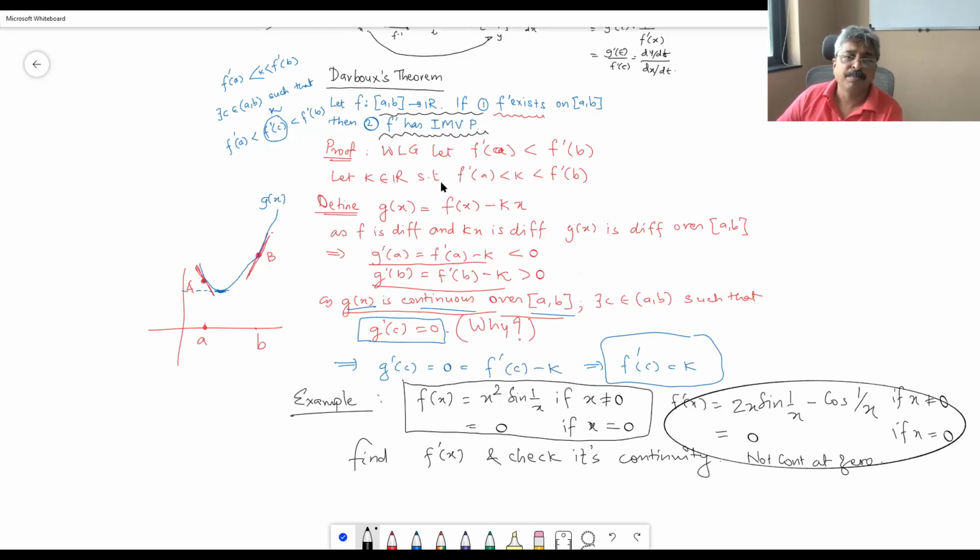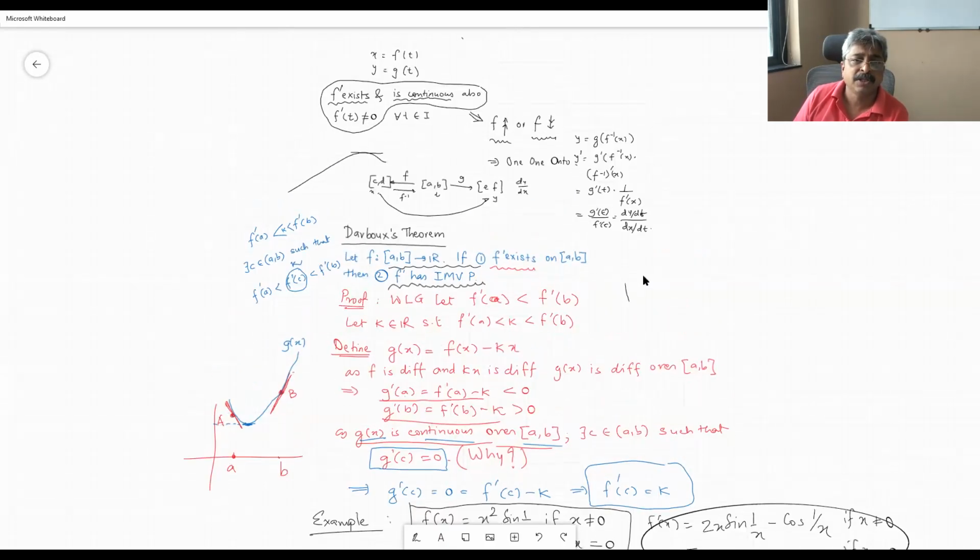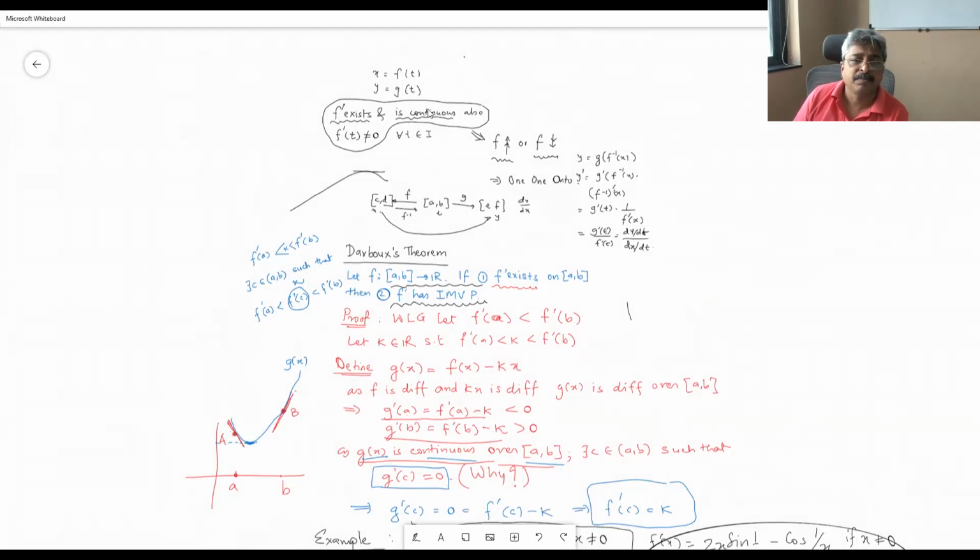Now, if the IMVP property of f dash is available, then parametric differentiation is also possible. You need not have the continuity condition for parametric differentiation.